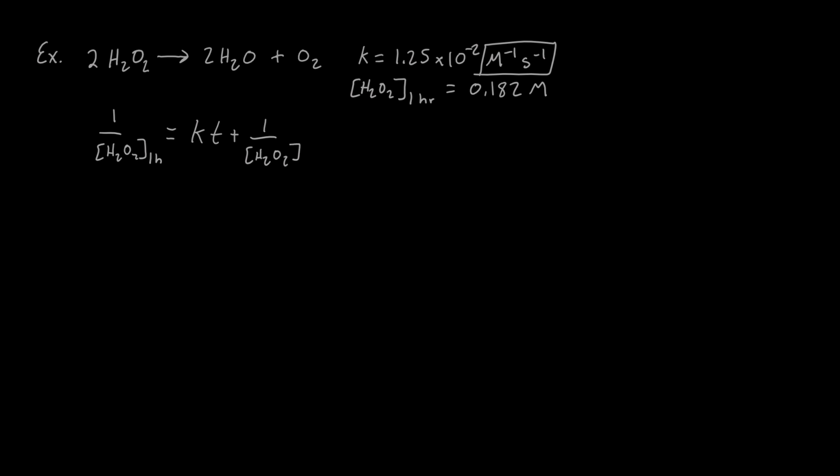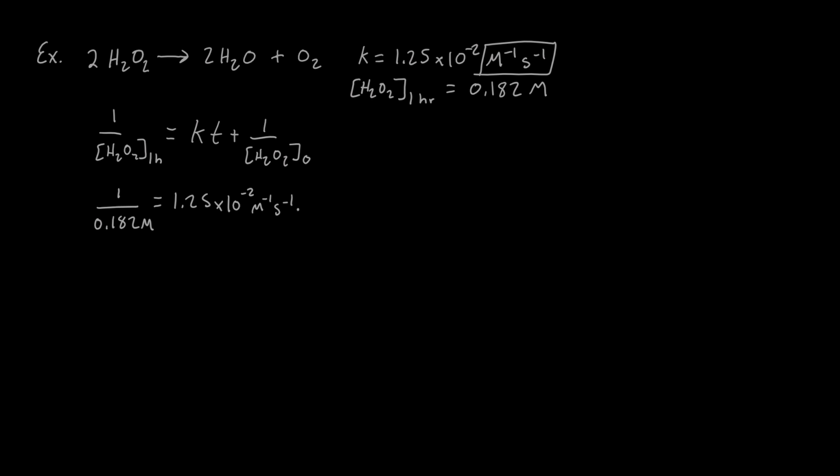And here we're trying to solve for that initial concentration. So let's plug in what we know. So our concentration is 0.182. Our rate constant is 1.25 times 10 to the negative second. And let's keep our units in here. And our time is 1 hour.